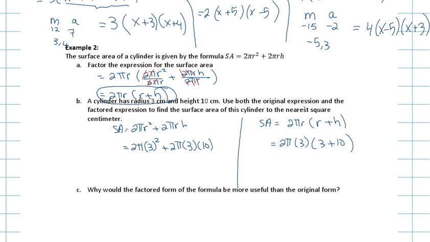If you want to enter this in the calculator, which one is easier to just do? The one on the right, right? The factored one, because there's not a lot of terms involved here, right? But if you do it, it should give you the same answer for both of them. Okay?